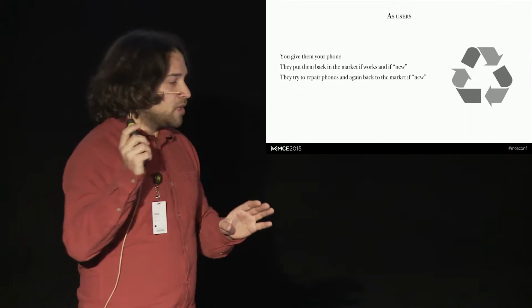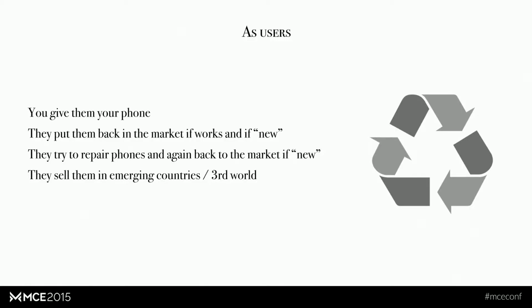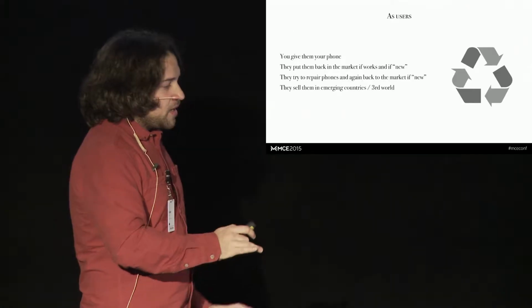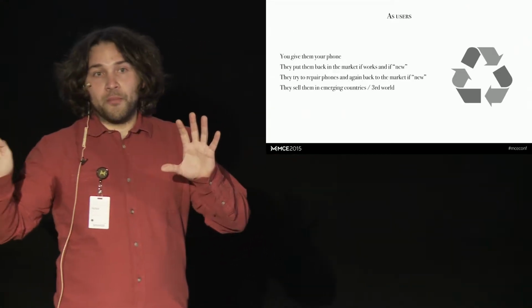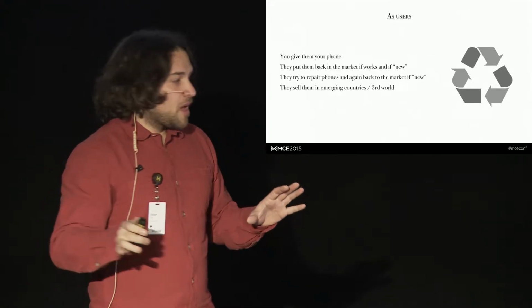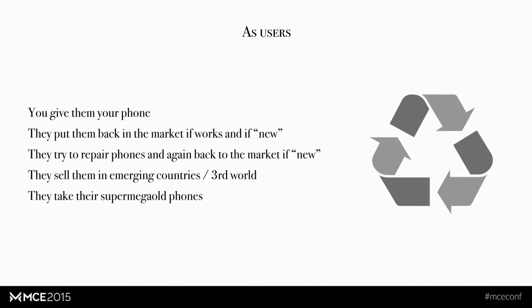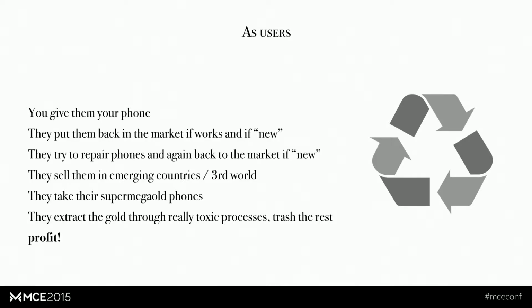If not, they throw them away, or if it's an old phone, they take it to emerging countries, and then they take the phones that they have there back to Europe, and basically extract the gold and get profit. But there is a problem with that.